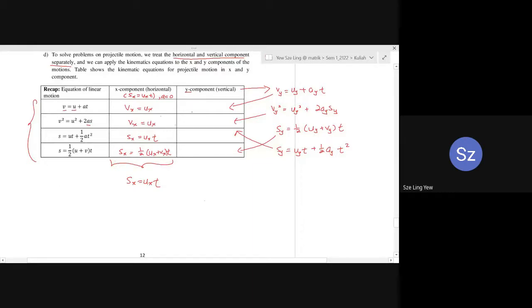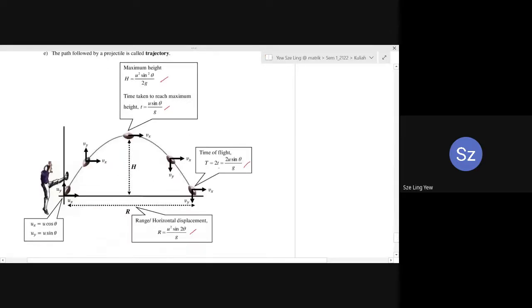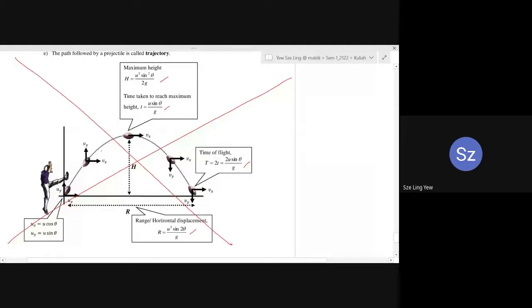This table is far more than enough for you to solve all types of projectile motion. So this one is just a shortcut. That's why in my class, I always ask my students to cancel this page, because I don't want you to get confused. This is only valid if you have a symmetrical projectile motion. If you have a horizontal projectile motion, then this is invalid.